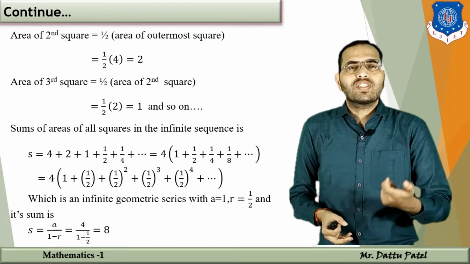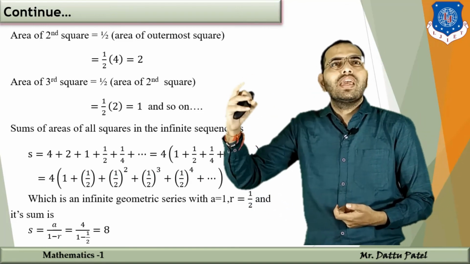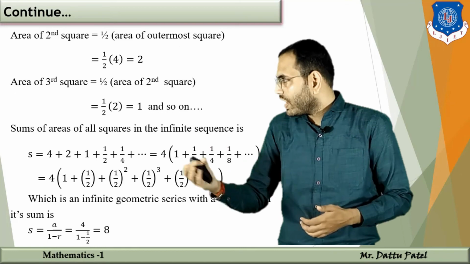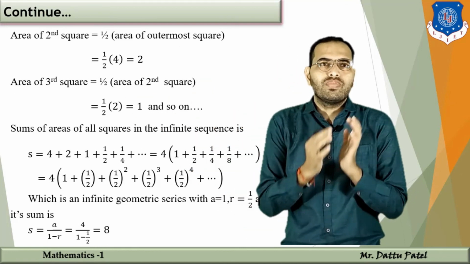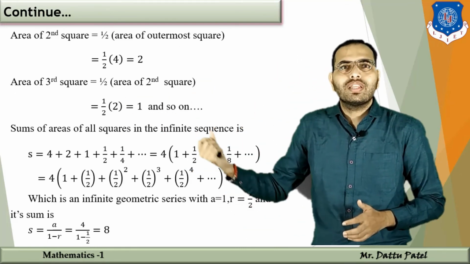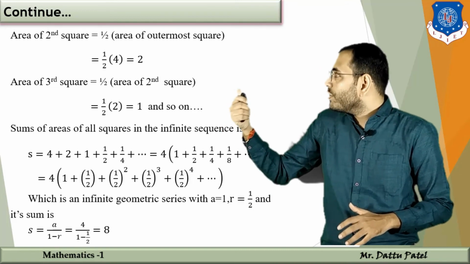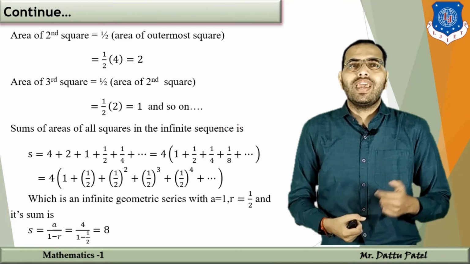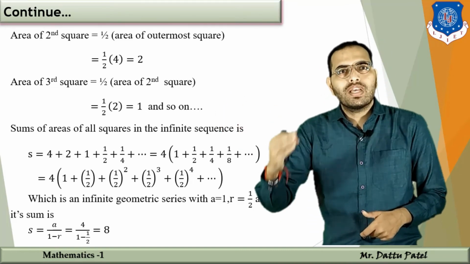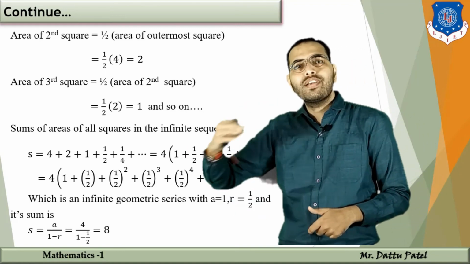Similarly, the area of the fourth square is 1/2 of the area of the third square, which gives 1/2, and so on. Now the sum of the areas of all these squares in the infinite sequence is S equal to 4 plus 2 plus 1 plus 1/2 plus 1/4 and so on.